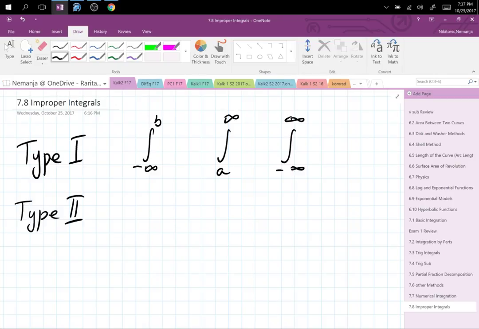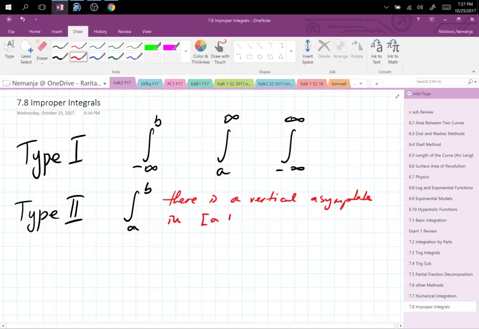Type 2 has your regular limits a and b. But what it has is a vertical asymptote within that interval or at one of the endpoints. So for type 2, there is a vertical asymptote in [a, b].